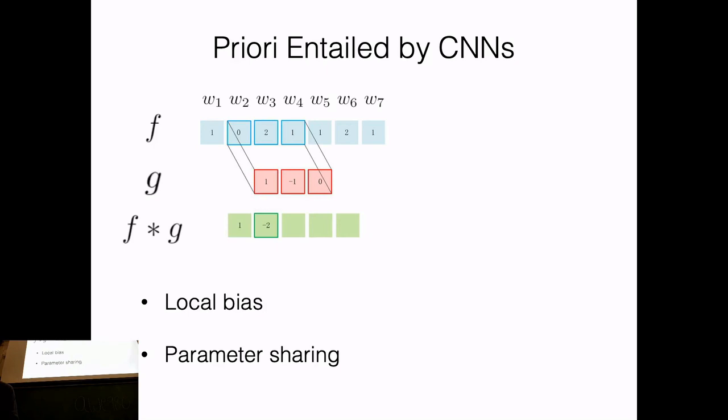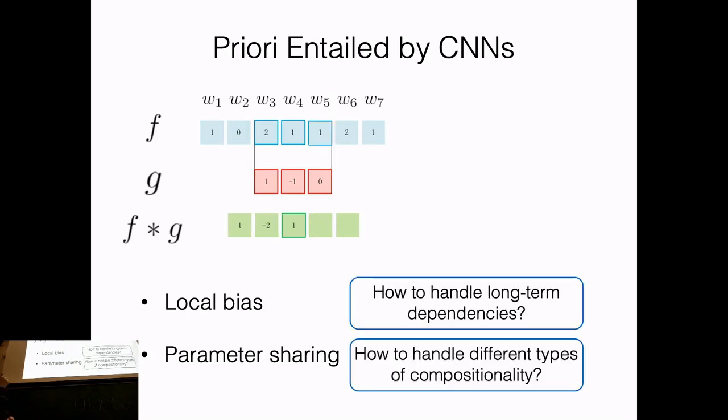So here follow two questions. The first is how to handle long-term dependency. Because we have said the CNN focuses more on the information of the close neighbors, but what if we want to capture some remote neighbors or long-term information? That would be one question. Another question is how to handle different types of compositionality.